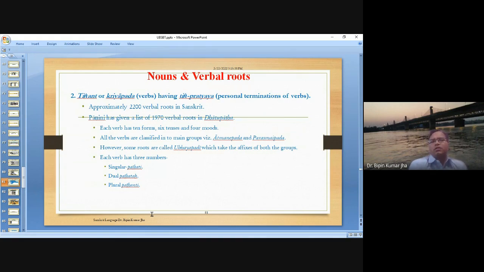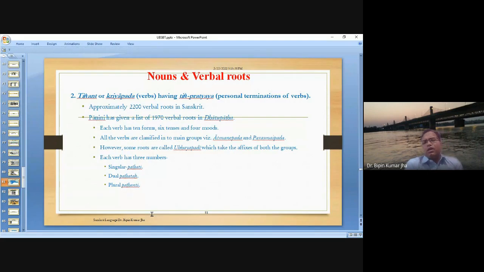If you see the dhatu part of Acharya Panini, there are 1970 verbal roots, and from each and every verbal root you can create different types of verb, because all six tenses and four moods are based on this only.